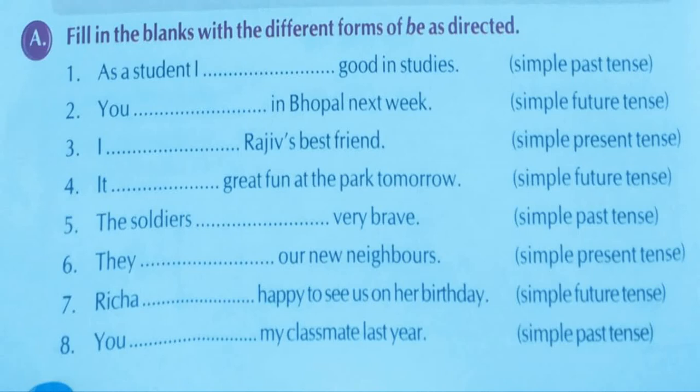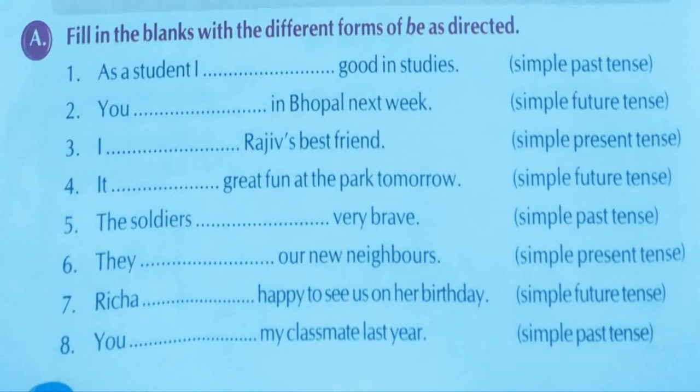Number 2, you dash in Bhopal next week. So what is directed? You need to write in simple future tense. So what do we do in simple future tense? We use will or shall, isn't it? So it is you here. So what will you use? Will, and will plus the base form of the verb.